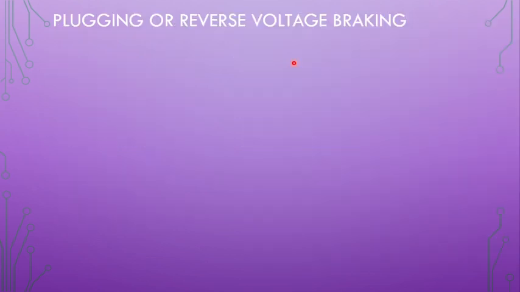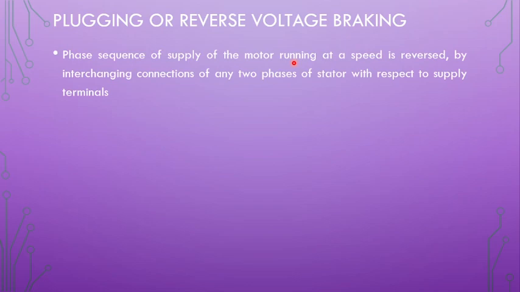The next type we are going to see is plugging or reverse voltage braking. This is the second method, and it is a slightly complicated version. The phase sequence of the supply of the motor running at a speed is reversed. We have a three phase supply given to a three phase winding of the stator.